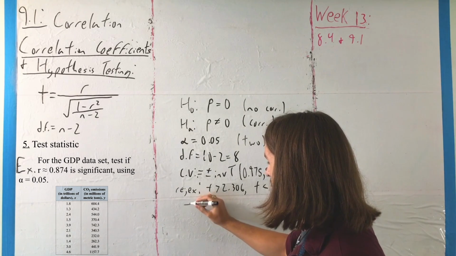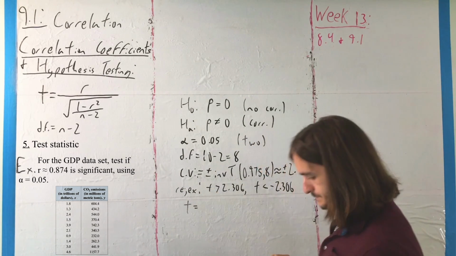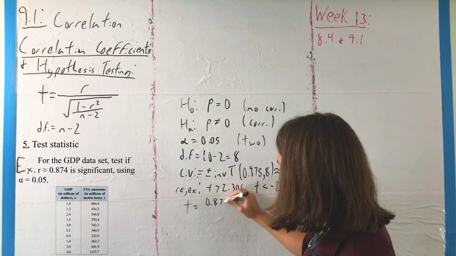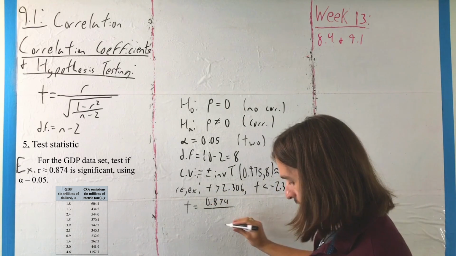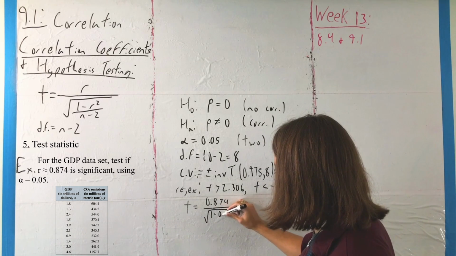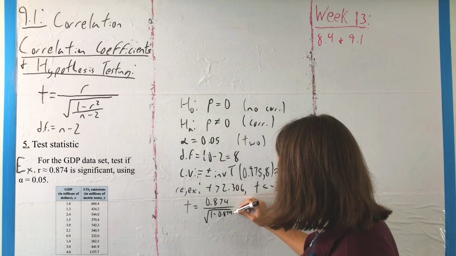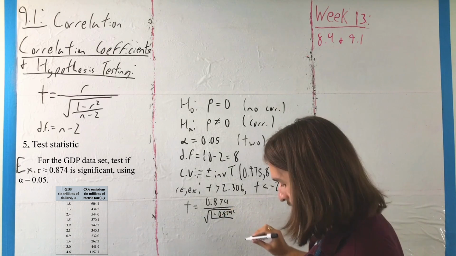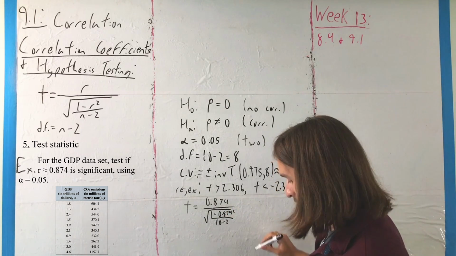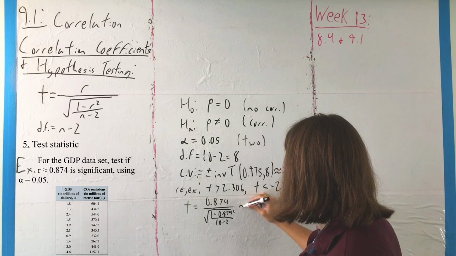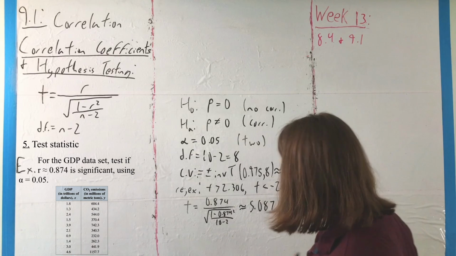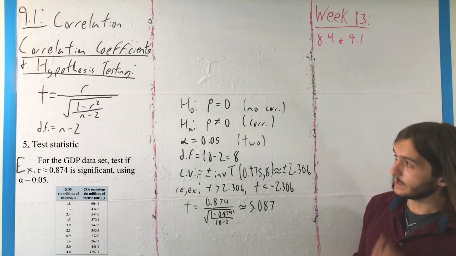that formula. So our t-value, in this case, is going to be given by r, 0.874, divided by the square root of 1 minus r squared, so 1 minus 0.874 squared, divided by the degrees of freedom, 10 minus 2, which, plug that all in, and you will get a value of approximately 5.087.